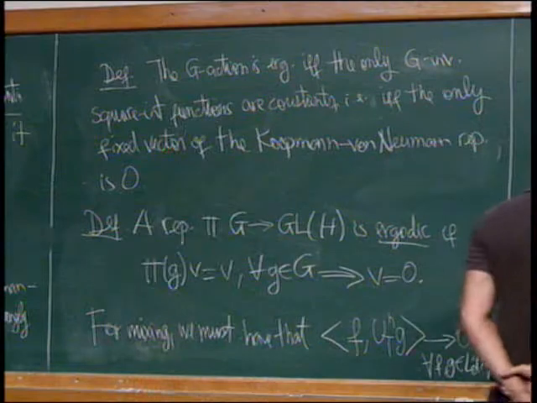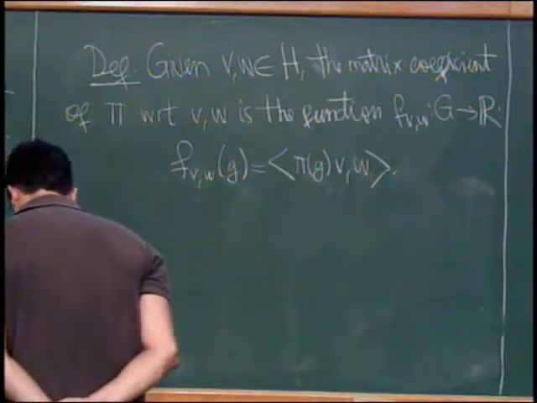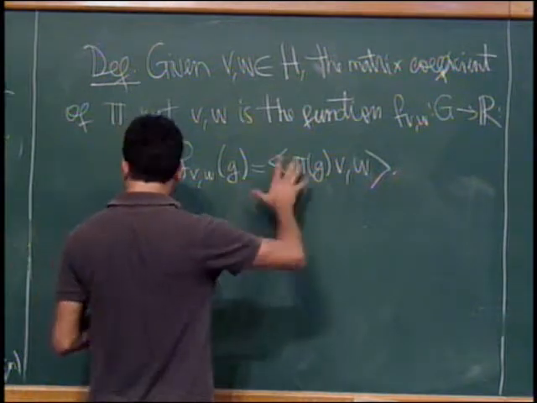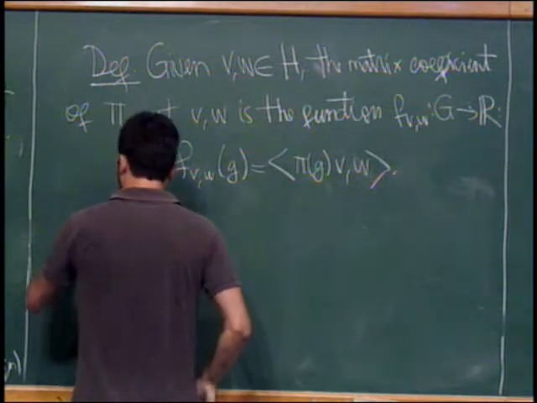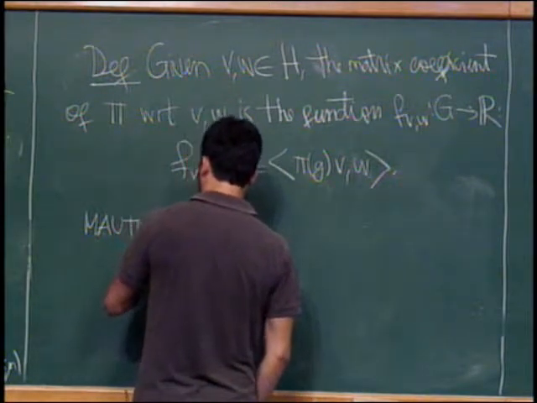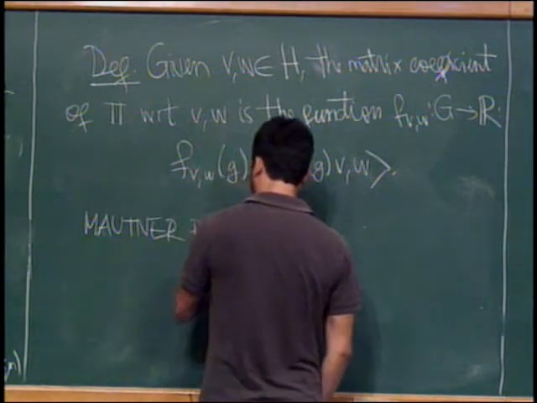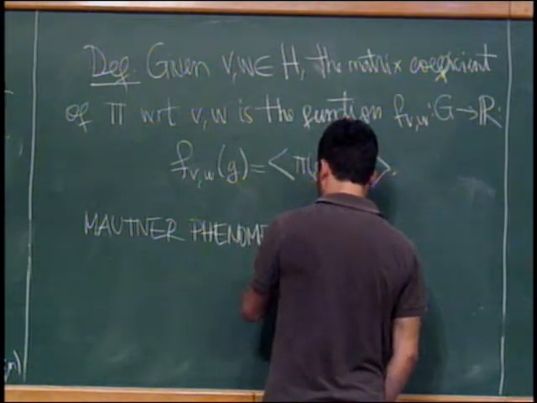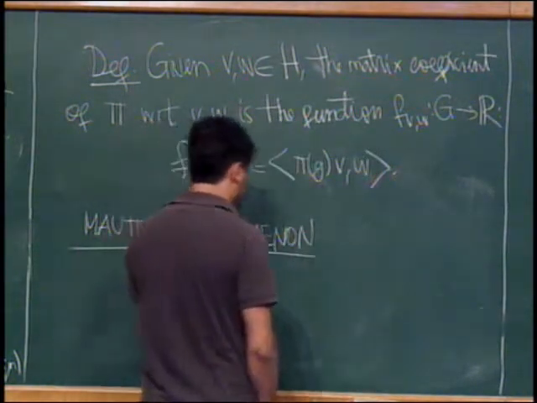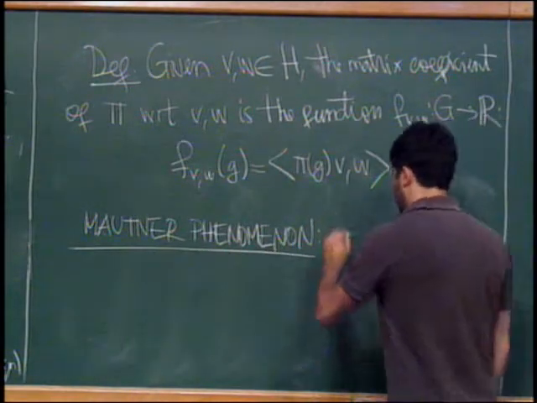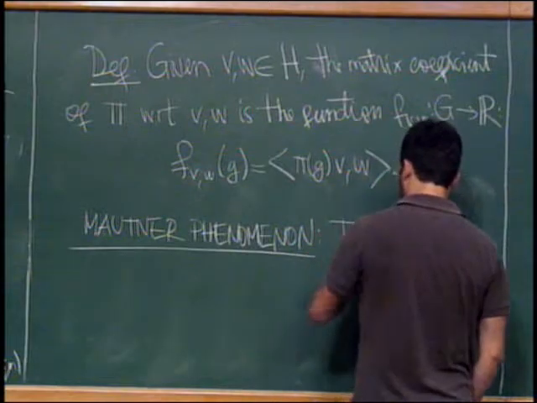Okay, so now I'm going to state what is Mautner's phenomenon and Howe-Moore's theorem, now that we have all the background necessary. What does Mautner's phenomenon say? I'm going to state it for SL2(R). It says the following.